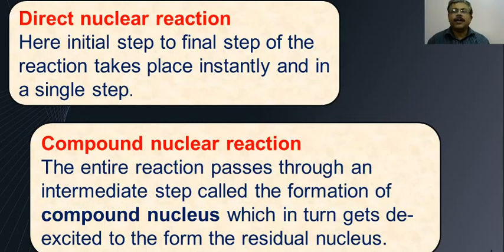The projectile is absorbed by the target nucleus and converts into a compound nucleus. The compound nucleus, which is short-lived and in an excited state, will be de-excited to form a residual nucleus along with the ejection of an ejectile.